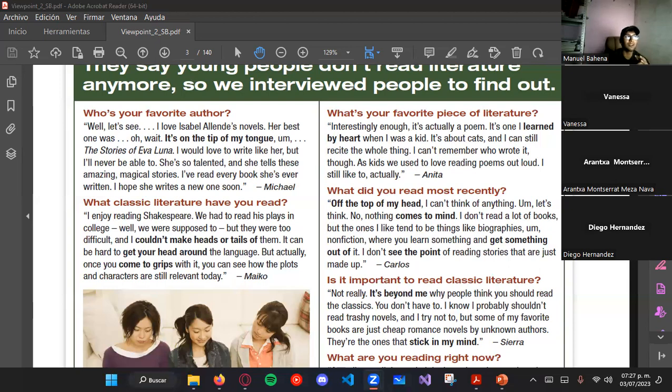It's one I learned by heart when I was a kid. Es uno que me aprendí como muy de memoria cuando era niño. It's about cats. And I can still recite the whole thing.